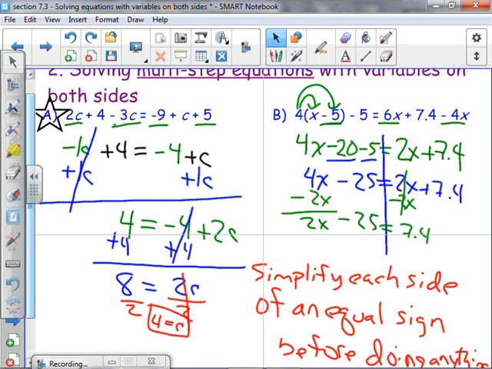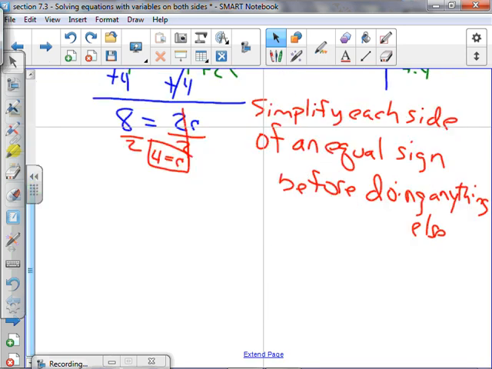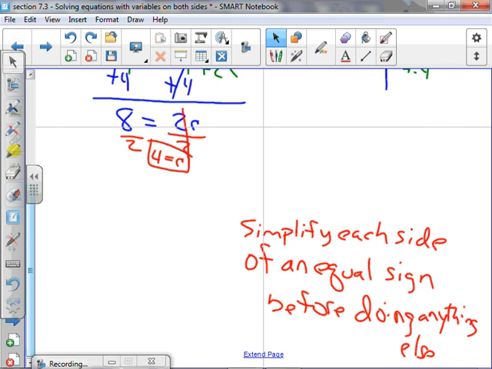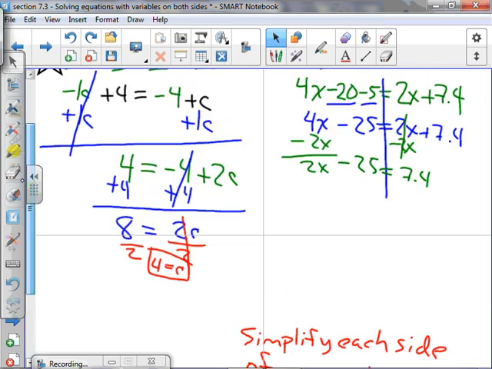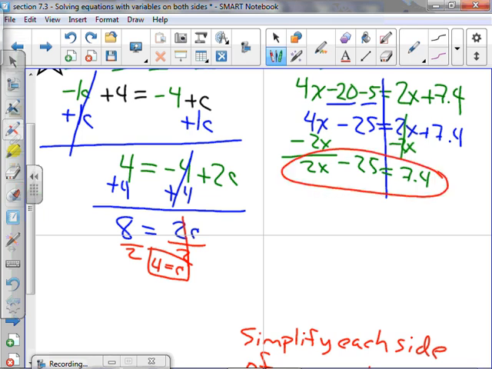Going to give myself a little bit more room. And I'm going to look at the equation that I have right here. 2x minus 25 equals 7.4. And so I will do something to both sides, and what I'm going to do is add 25 to both sides.